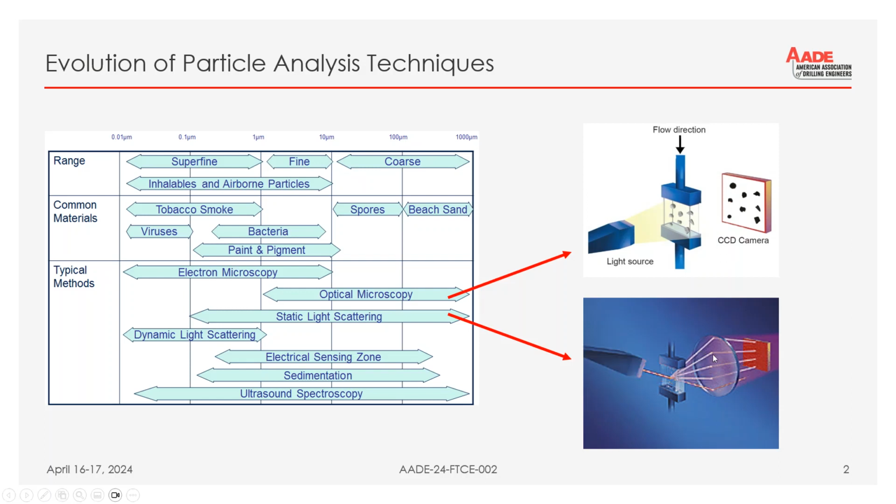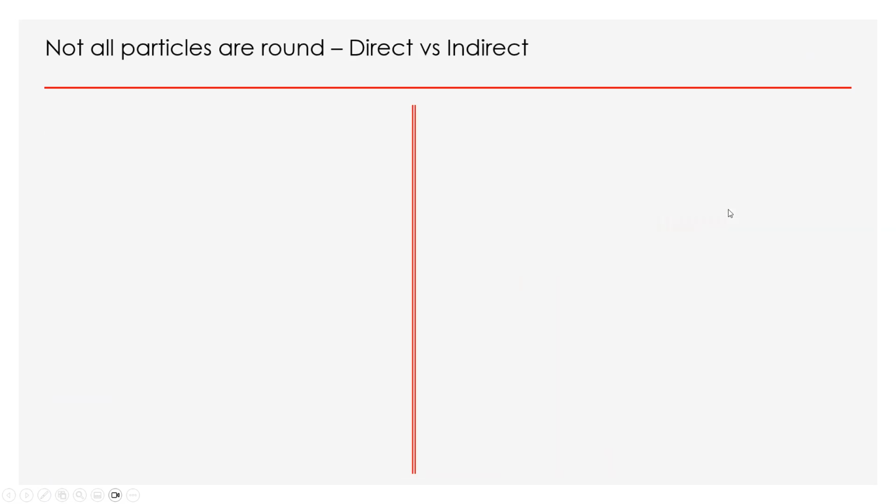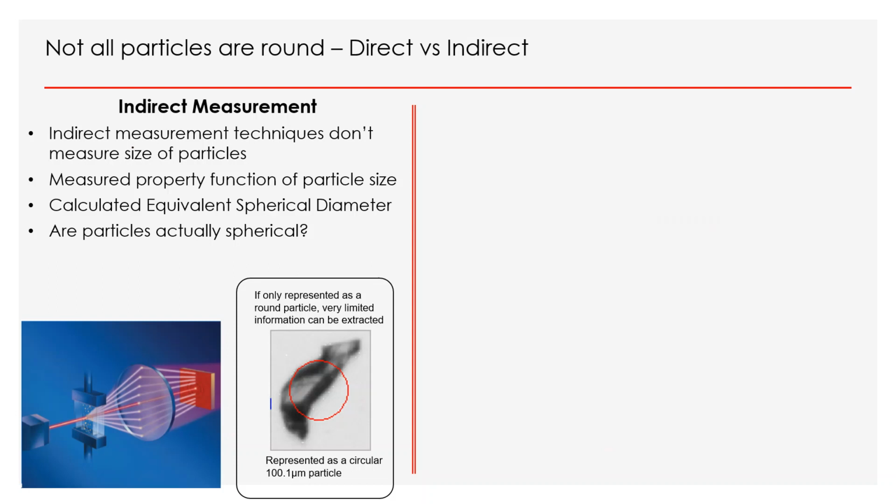So why would it be different in this application? Mainly because not all particles are round. Looking at the indirect measurement techniques we just mentioned, we're not measuring the size of the particle; we're measuring the diffracted light from the particle. As a result, the data will give you an equivalent spherical diameter.